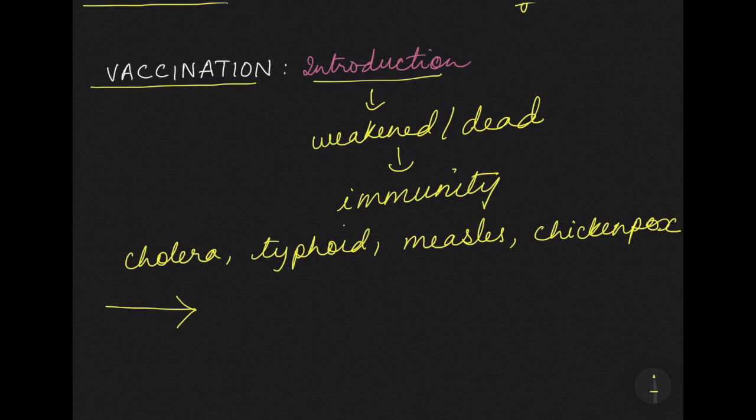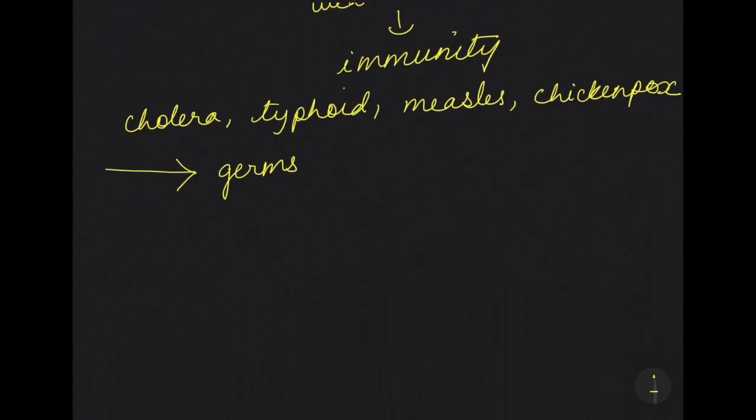What is introduced into your body? Germs. Either they are weak or they are dead. And what happens? You get the disease in a very mild form. And then your body will produce antitoxins, and the antitoxin will remain in your body, and it will provide immunity against any future attack of that particular germ.